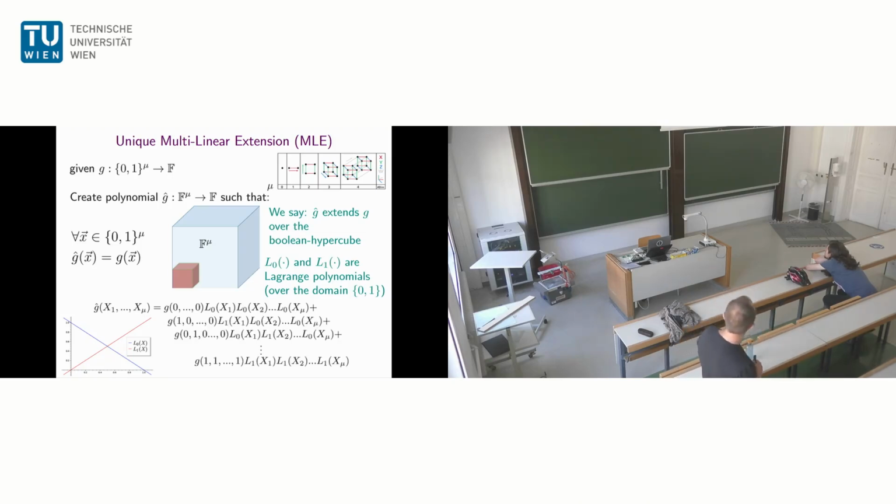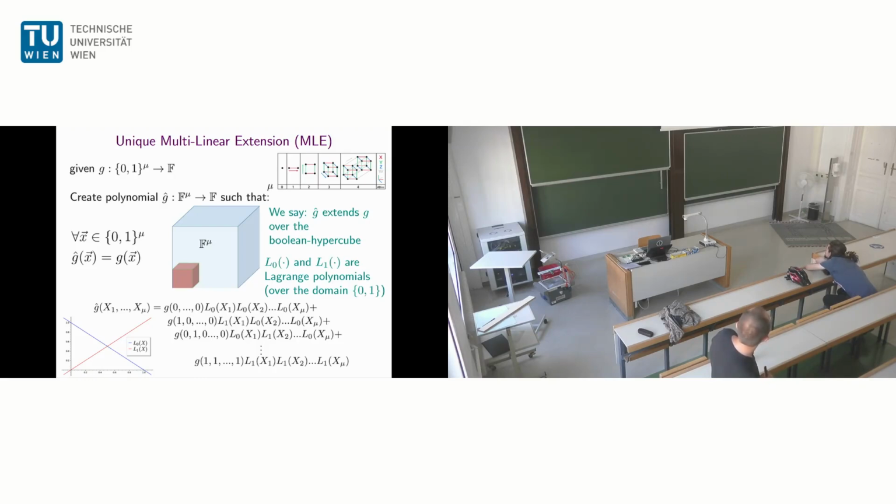And we do this kind of for every value in our function table. So we specify the first value to be multiplied with a product of Lagrange polynomials, where we now have the first variable in the L1 Lagrange polynomial, and the following sequence now all the L0s.